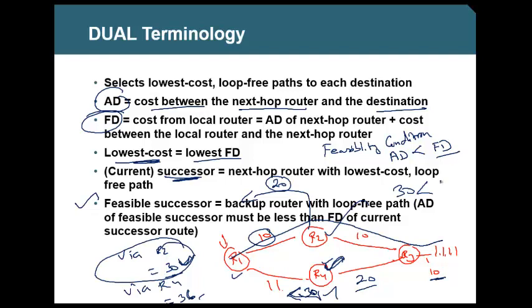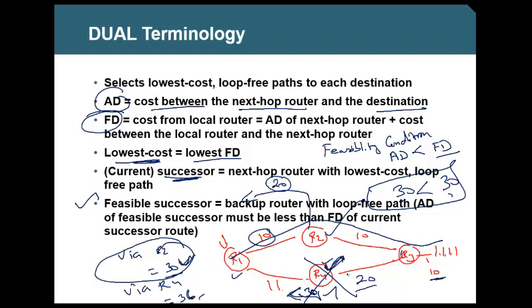Is this true? No. 30 is not less than 30. 30 is equal to 30. So this route will not be considered as a backup route because the feasibility condition didn't meet. Feasibility condition should be met for becoming a qualified backup route.